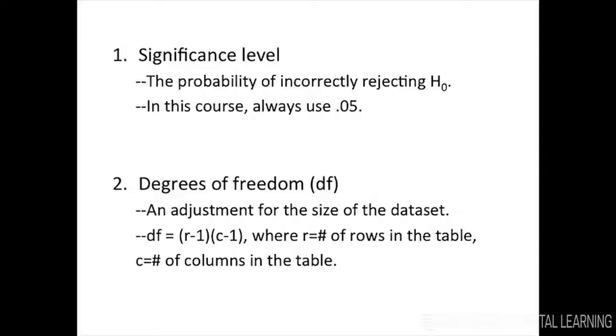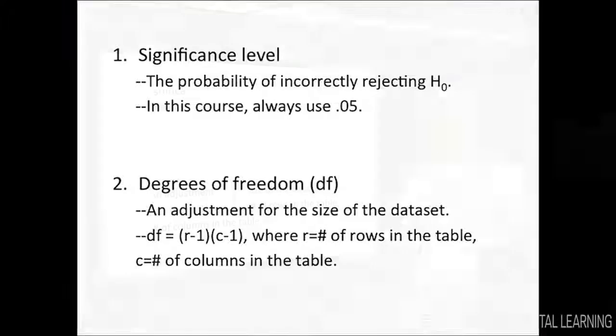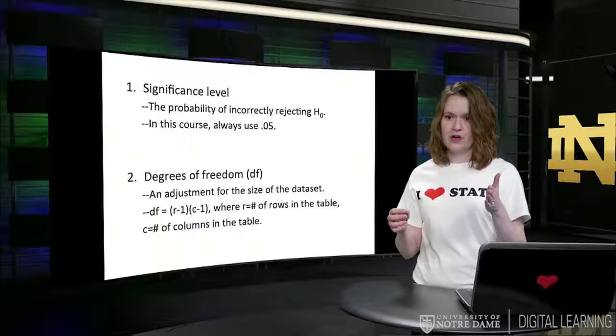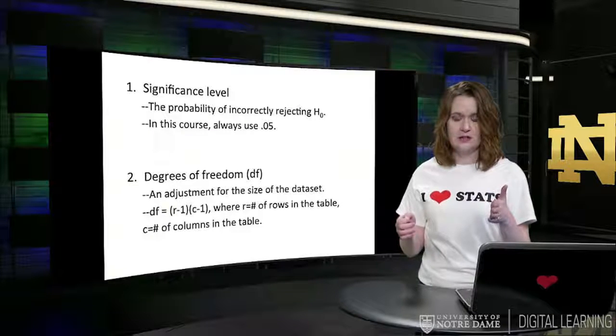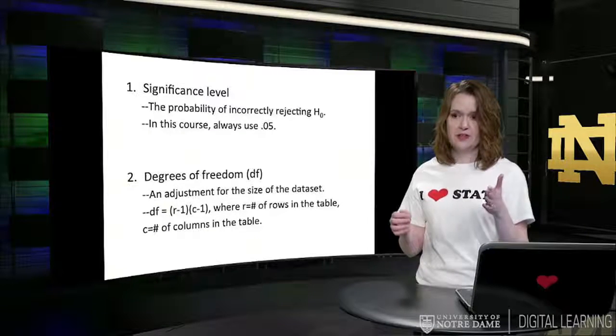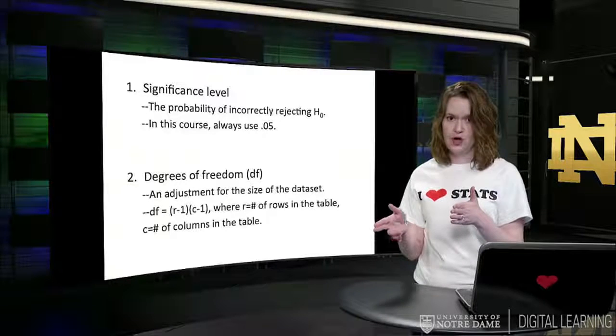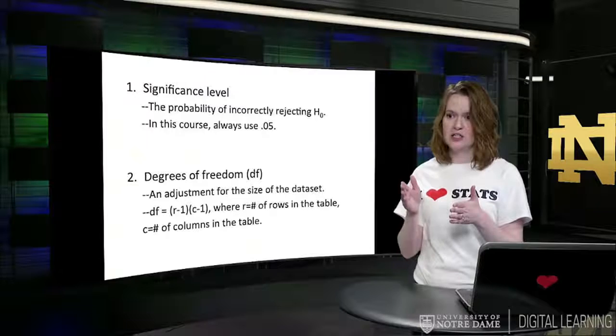We just need the middle of the table, where we keep putting in values. So we have a 2 by 2 table. That's where all the meat of the table is. So if we have a 2 by 2 table, that means we have 2 rows, 2 columns, right? And so that means if R is the number of rows in our degrees of freedom formula, then we're going to say 2 minus 1 is the first part of that formula, and we have 2 columns. So C here is 2.